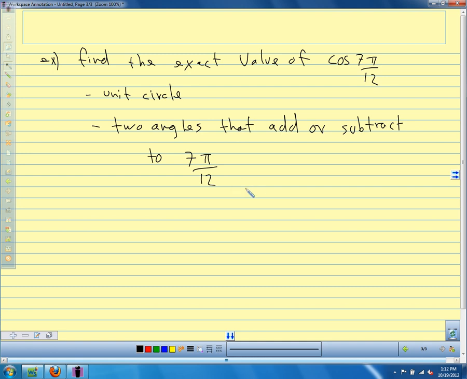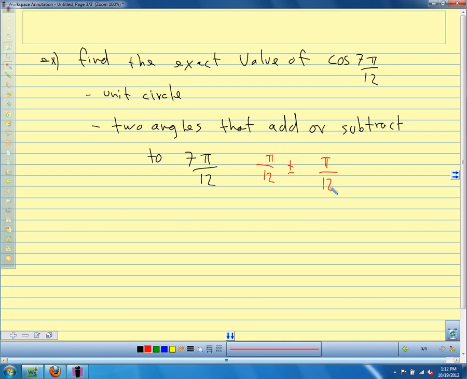Well, let's start out. We know that when we add or subtract, we have some kind of fraction. Let's start out with a common denominator of 12. So we're going to have something pi over 12, plus or minus something else pi over 12, and we want these two to add to 7. Well, do we have fractions of pi over 12 on a unit circle?